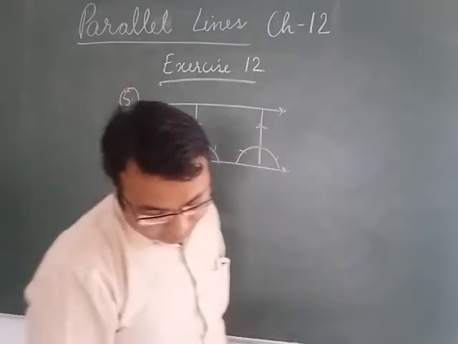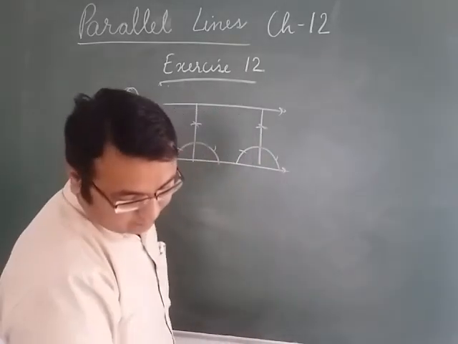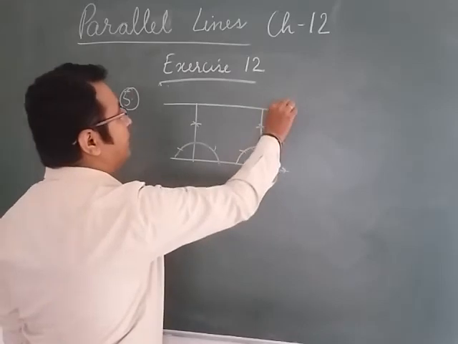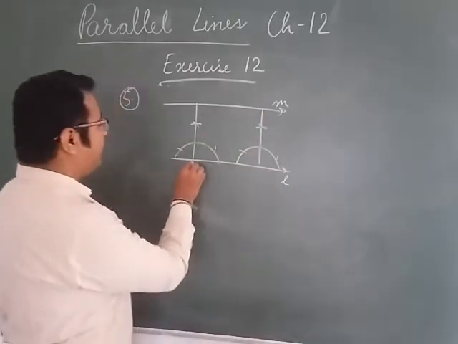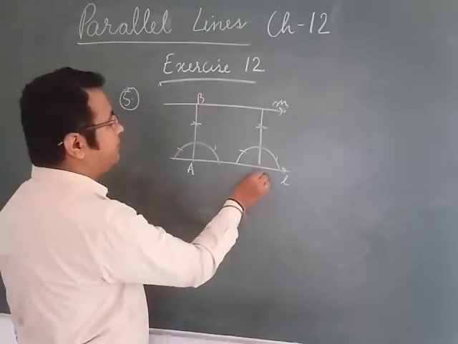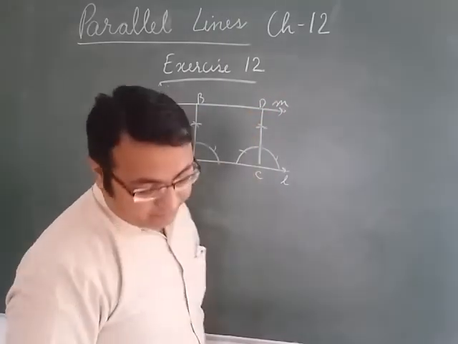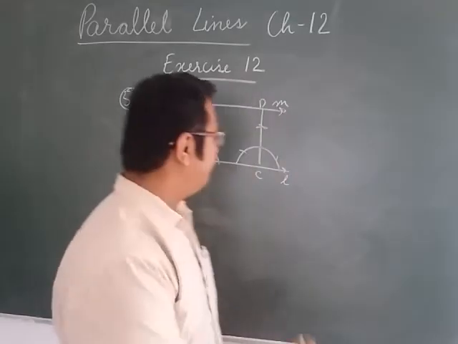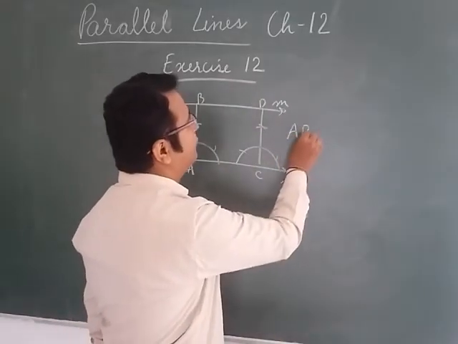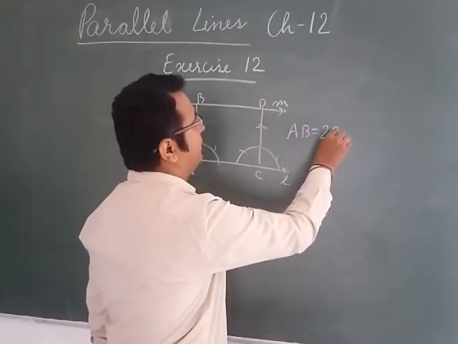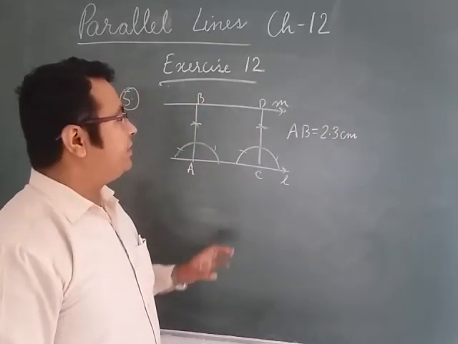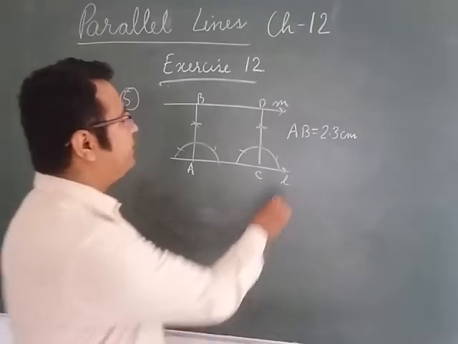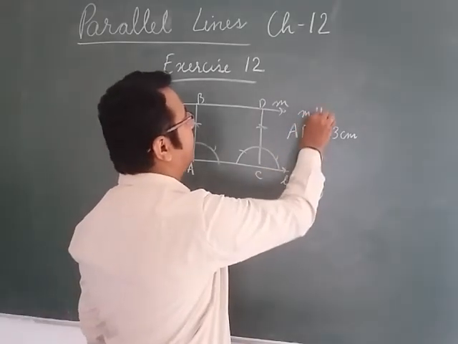This is line M and this is line L. This distance is called AB and this distance is called CD. In the question it was already given that distance AB is 2.3 centimeter. And in the question it is also mentioned that line M is parallel to line L.